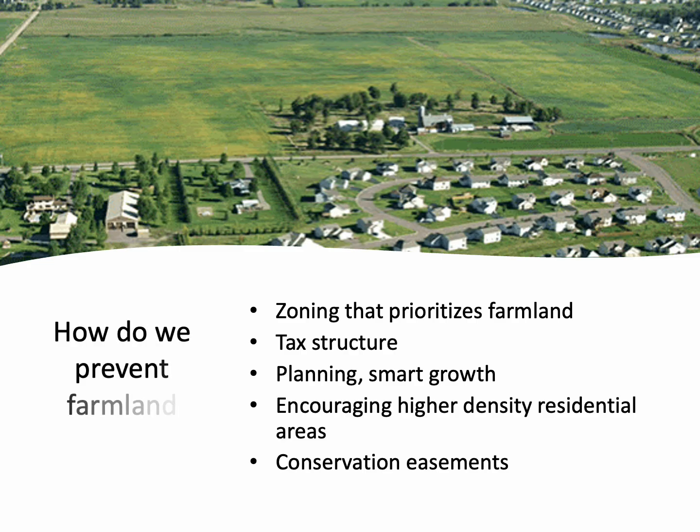So there are efforts all around the country to prevent farmland conversion, and one of these comes from Montgomery County, which is a county right outside of Washington, D.C., which is where I grew up, so I'm really familiar with that area. Montgomery County was prime farmland for centuries, and as Washington, D.C. became a more populous region, there was a lot of pressure on converting that farmland to suburban subdivisions.